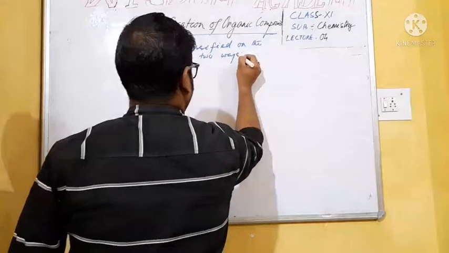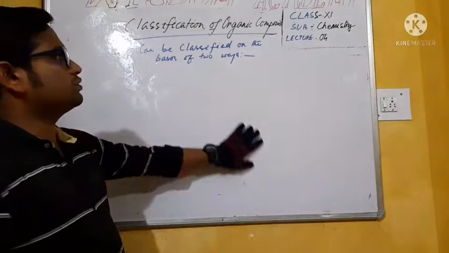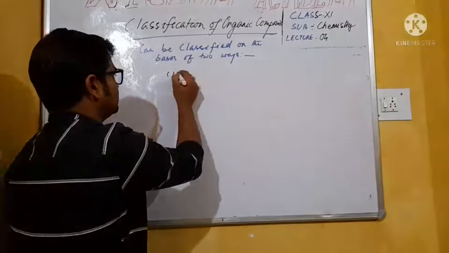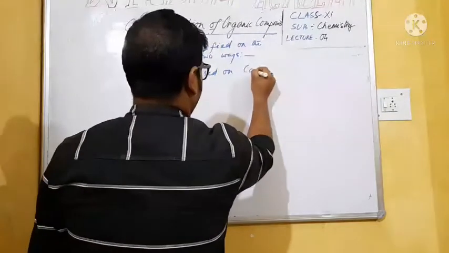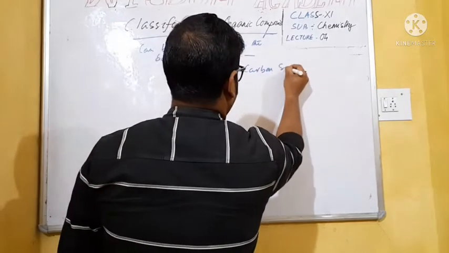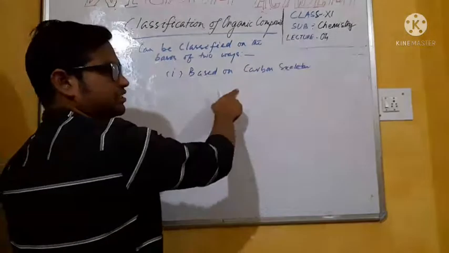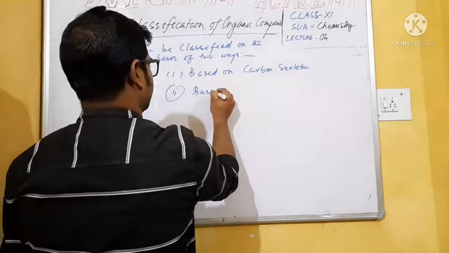All organic compounds are classified into two ways. First is based on carbon skeleton, that means carbon presence. Second one is based on functional group.